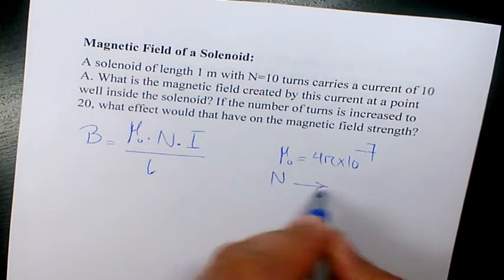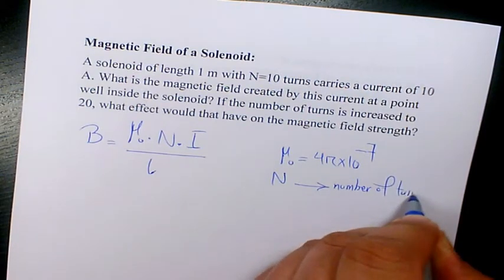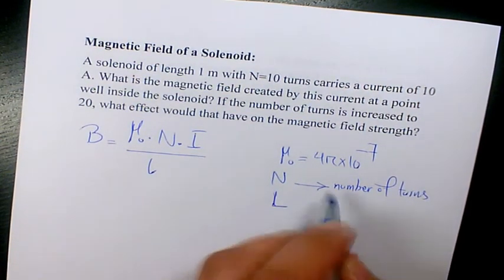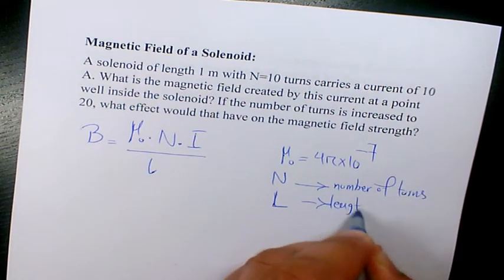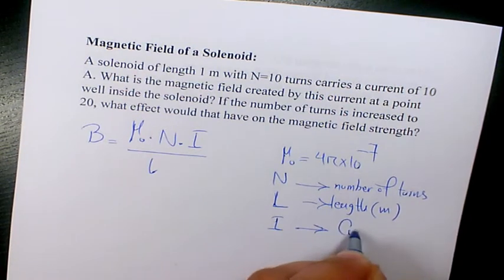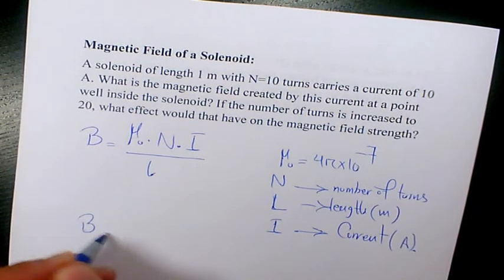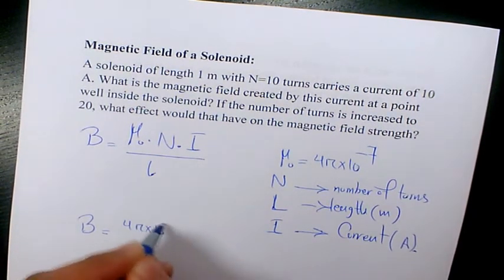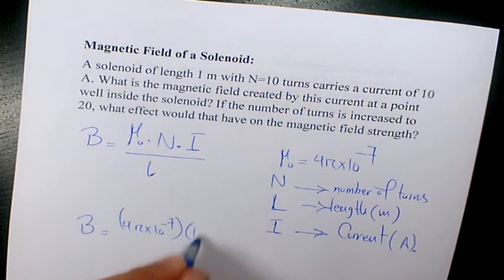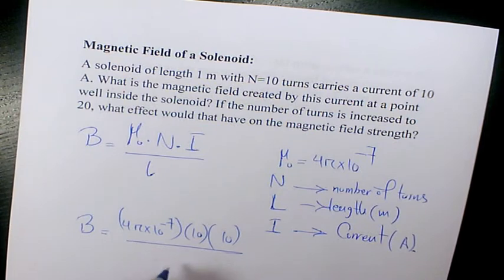N shows the number of turns, and L shows the length of the solenoid in meters, and I is the electric current in amperes. So in this example, mu naught is 4 pi times 10 to the power of negative 7, N is 10, I is 10, divided by the length, which is 1 meter.